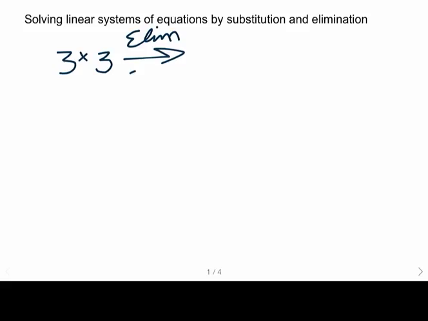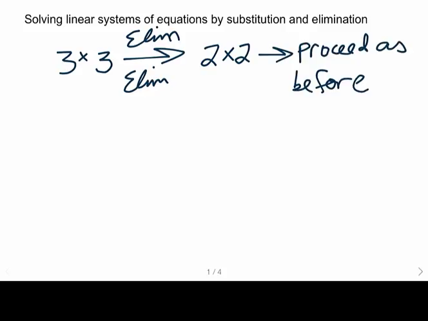Pick another pair of equations and eliminate the same variable. If we do that, we end up with a 2 by 2 system. We solve those as before and start back substituting in order to get the full solution to the system.